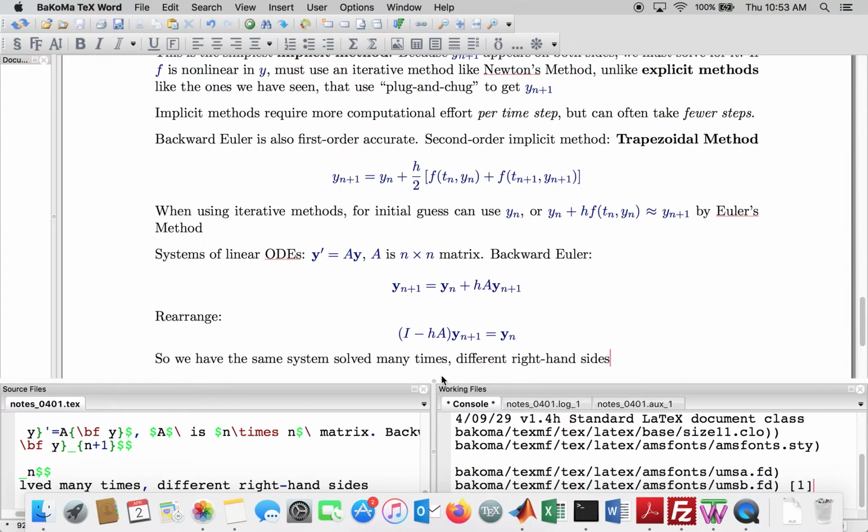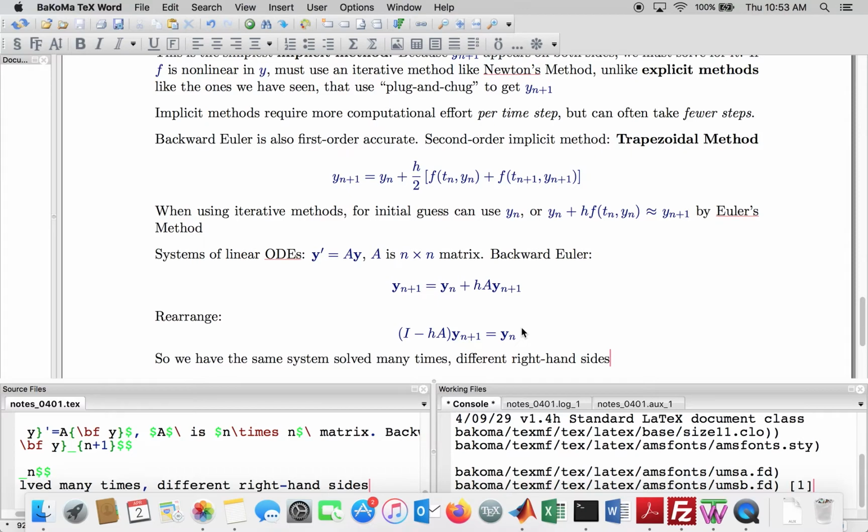So you just use the LU factors to work with those different right-hand sides. And this is an example of where that is needed. Because here we are solving the same system, different right-hand sides. So we do LU decomposition of identity minus h A once before any time stepping, and then we use these LU factors to carry out each time step.